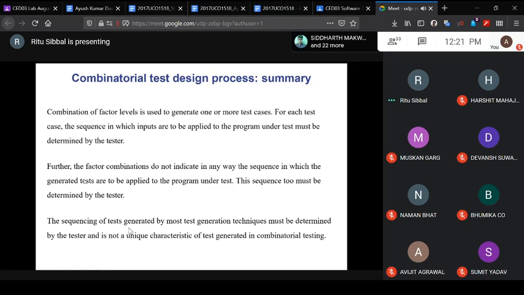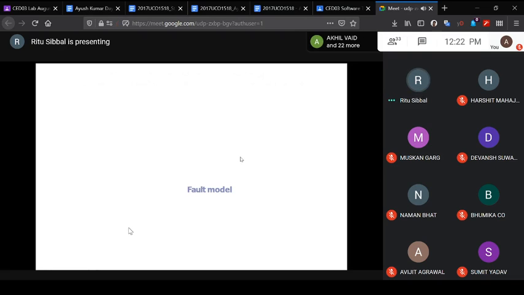Now, how are we going to do this combinatorial designing, or how are we going to generate the factors array for deriving the test cases? For that, we'll read now. First of all, what we'll read is a fault model.